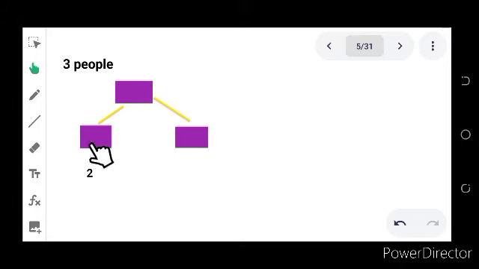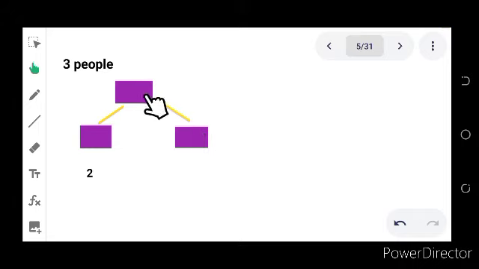And of course, the second and the third person should also have a direct phone line to each other. You don't need a direct phone line from the second person to the first person because the first person already has a direct phone line to him. The same thing with the third person.